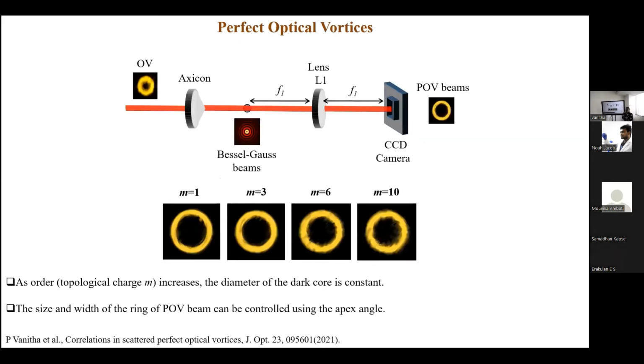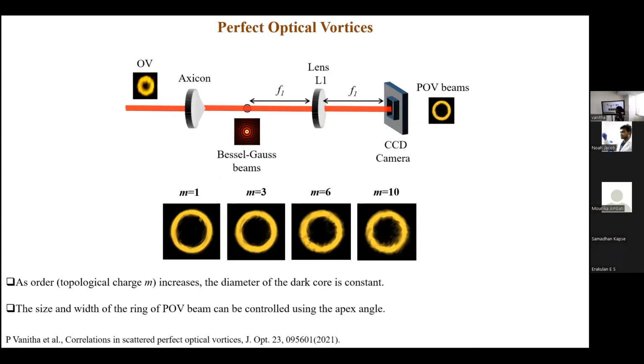So this is the experimental setup for generating perfect optical vortices. Initially, we generated optical vortices, and those optical vortices pass through the axicon. The axicon converts optical vortices into Bessel Gauss beams after a certain distance. At this point we got Bessel Gauss beams, and as we know, the definition of POV beams is the Fourier transform of Bessel Gauss beams.